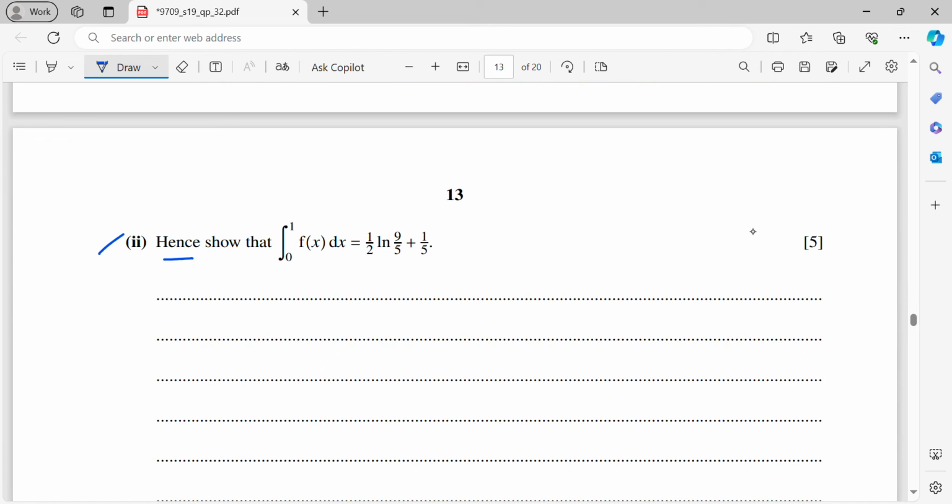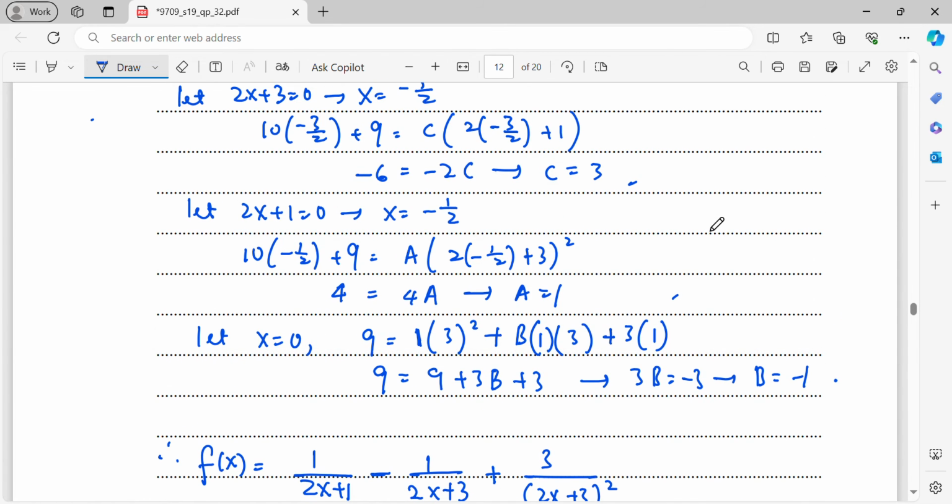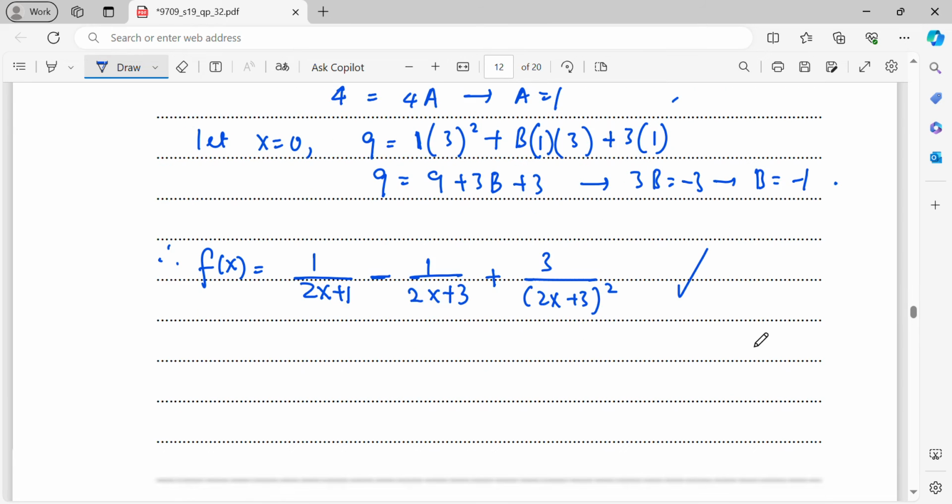Part 2 means use the partial fractions that we have found. Show that this integration equals to half ln 9 over 5 plus 1 over 5. So now here, integral from 0 to 1 of f of x dx. Refer back to the partial fractions that we have found, that means these three terms.